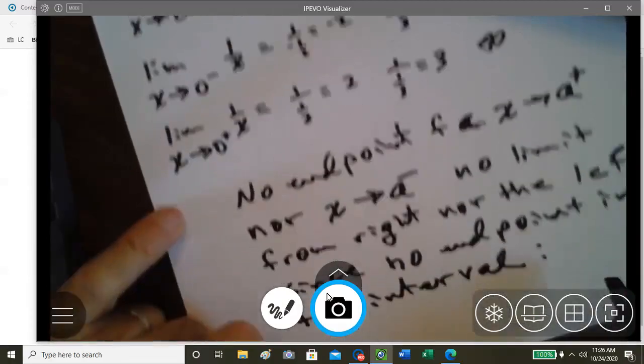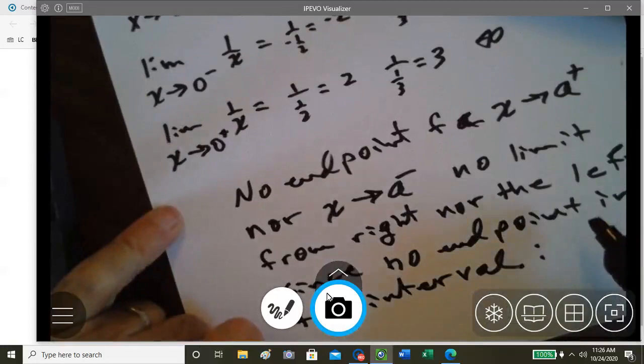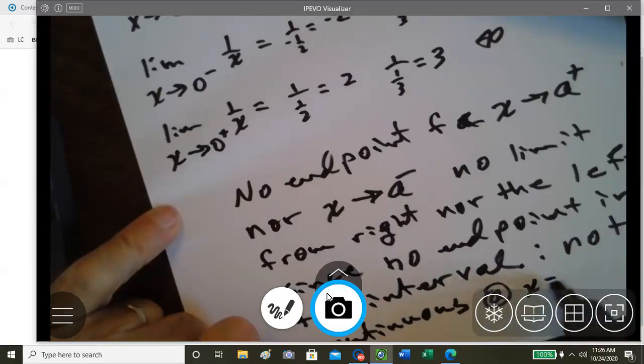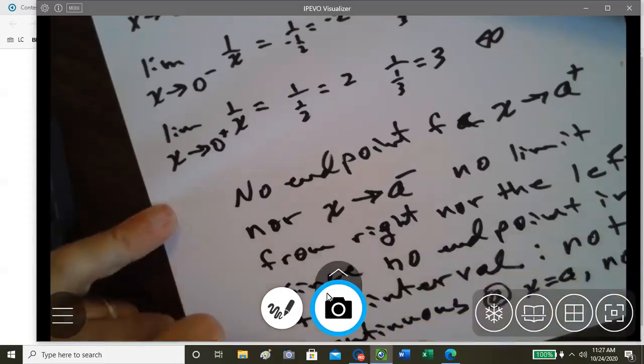Therefore, it is not continuous at x equal a, nor as x approaches a from the right, nor as x approaches a from the left.